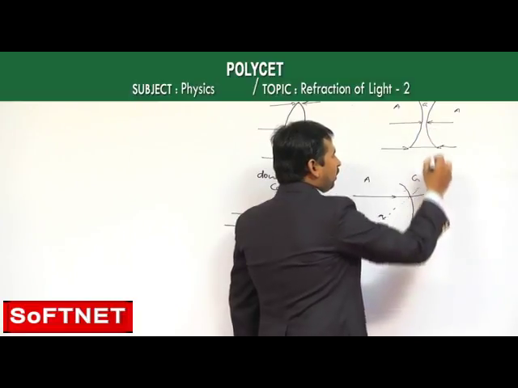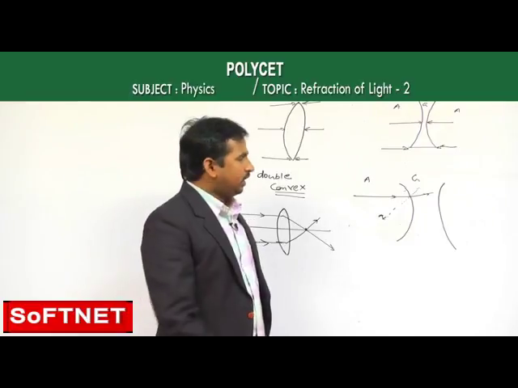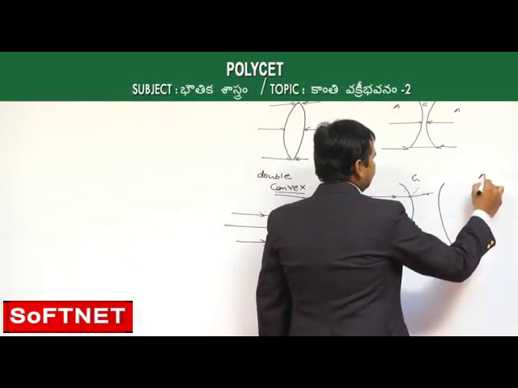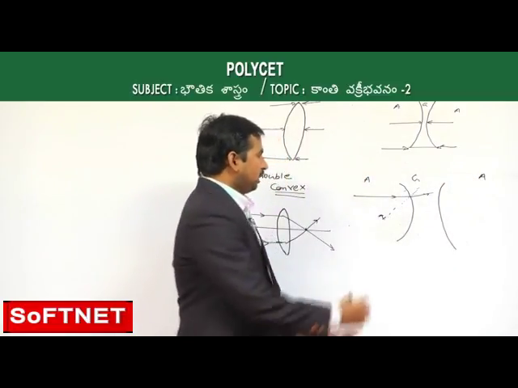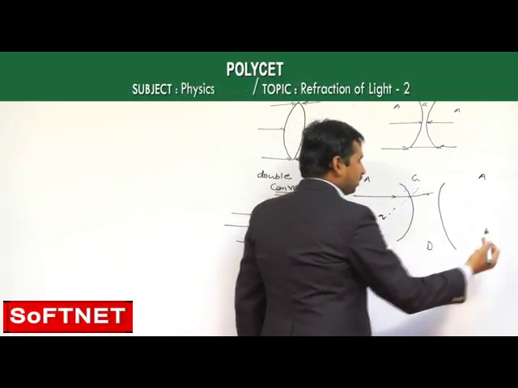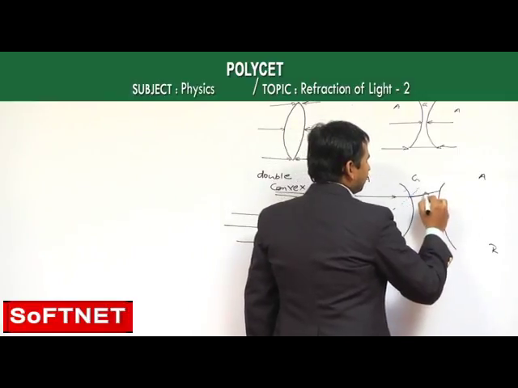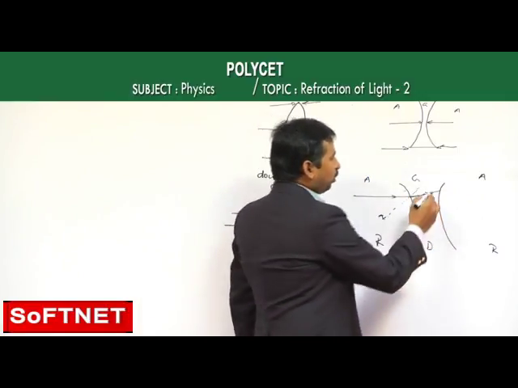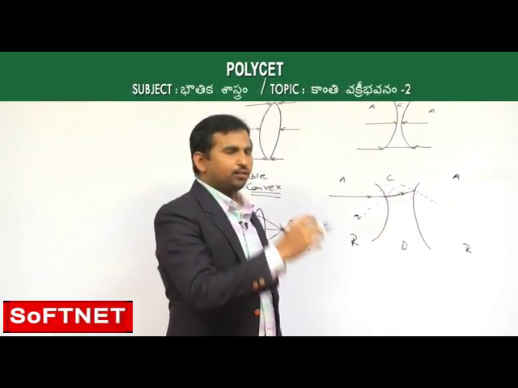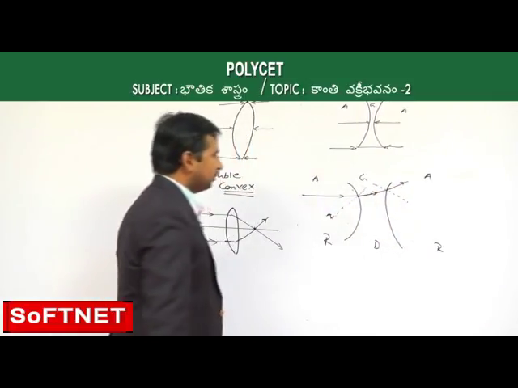Now here if you are taking the second surface like this, at which the light ray is coming from glass back to the air, where air is acting as rarer, glass as denser, and again back to the air which is the rarer medium. When the light ray enters the second surface, again if you are taking the normal like this, now the light ray bends away from the normal, meaning the light ray goes upwards like this.